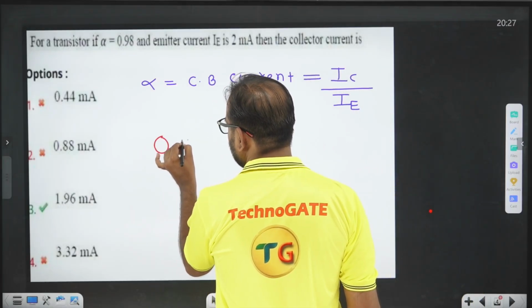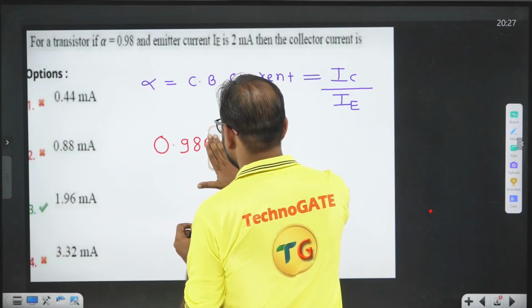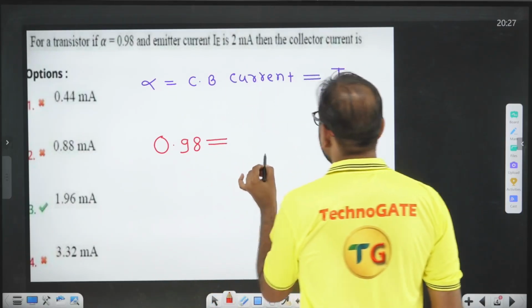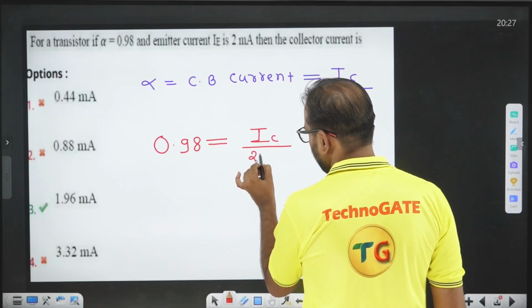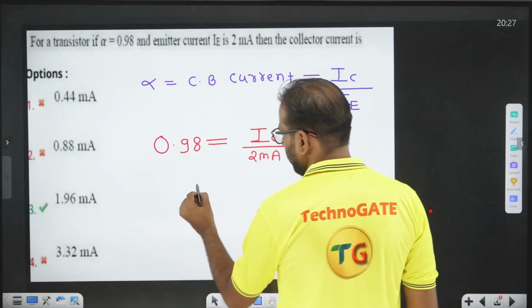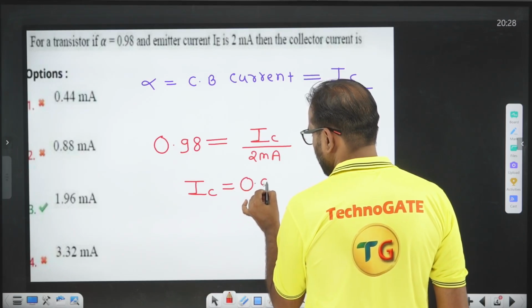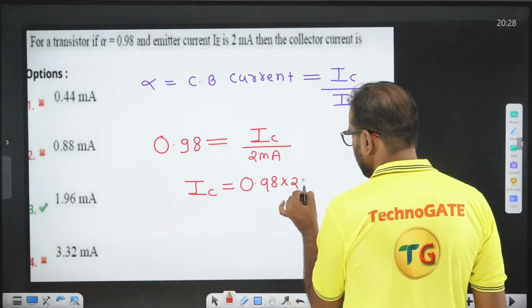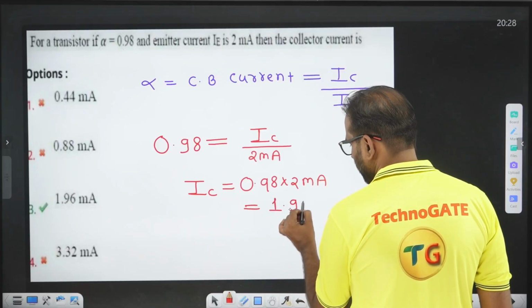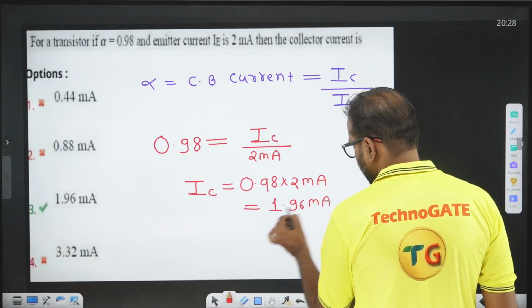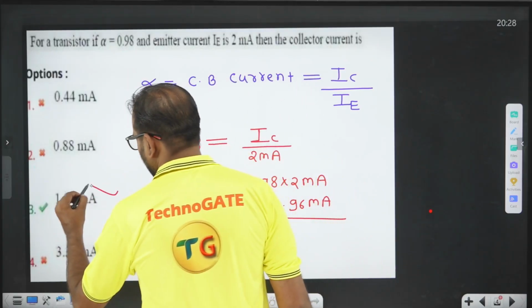You can say 0.98 is equal to IC divided by 2 milliampere, so IC is 0.98 times 2 milliampere, and this value will be 1.96 milliampere. So which option is correct here? Option 3 is correct.